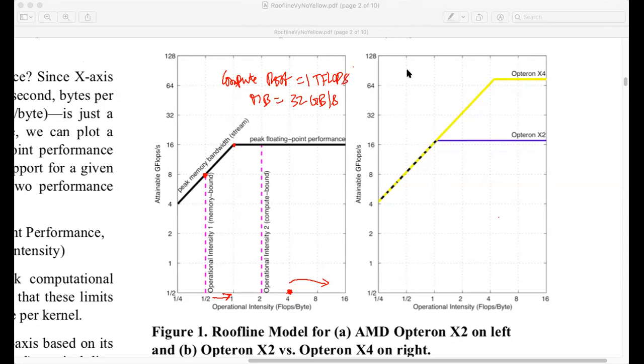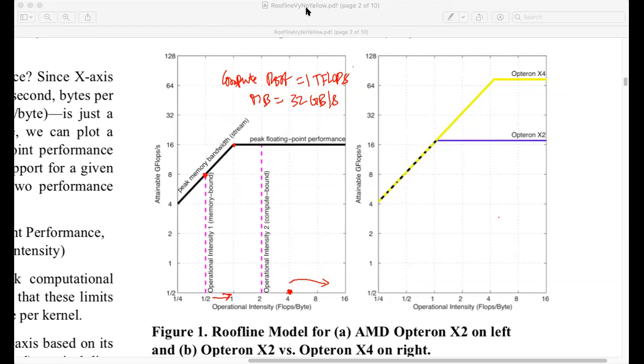How is it? 32 GB per second, and it already hits the new compute roof I am saying is 1 teraflops. There is a new processor out there which can perform 1 teraflops. Sir, if we increase it to like 10, then it will go to 1280.